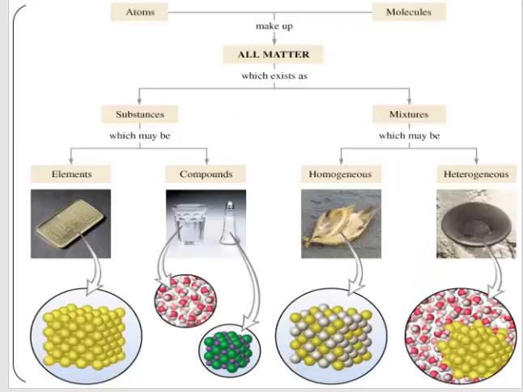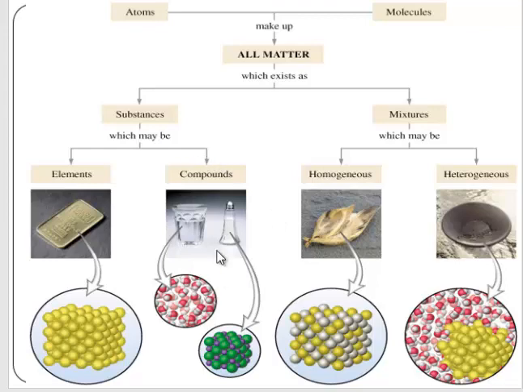Okay, so let's recap with what we've learned today. So we know that atoms make up all types of matter, and we know that matter can then be subdivided into either a substance or a mixture. And substances such as elements, where that big chunk of matter is made up of only one type of element, and all those elements can be found on the periodic table.